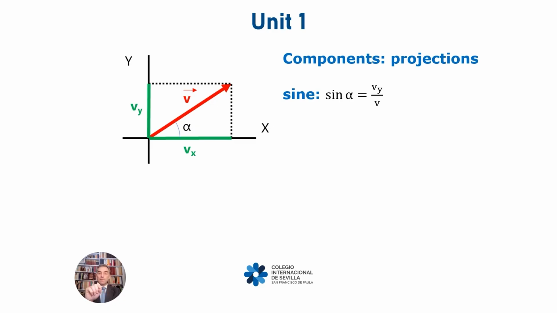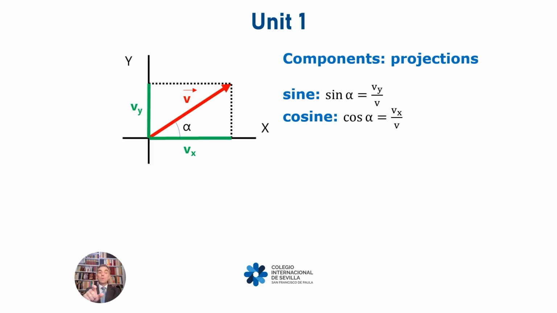Sine of alpha is the opposite side divided by the hypotenuse. We call cosine of alpha, of angle alpha, the quotient between the contiguous side to the angle, Vx, and the length of the hypotenuse. Cosine of alpha equals the contiguous side divided by the hypotenuse.